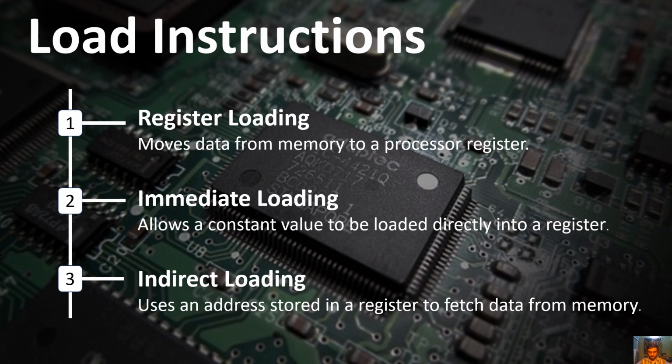A value is loaded into a register from the memory location specified by another register. Example: move R1, [R2] loads the value at the memory address contained in the register R2 into register R1. Uses an address stored in a register to fetch data from memory.